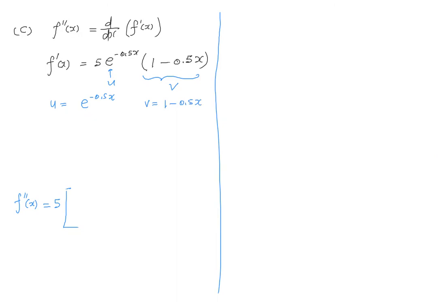Hafiz, what is u prime? e to the power of negative 0.5x times negative 0.5. Okay. What is v prime? Negative 1/2. Okay, we just leave it as negative 0.5, okay?